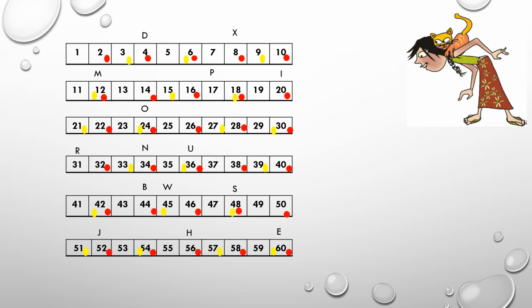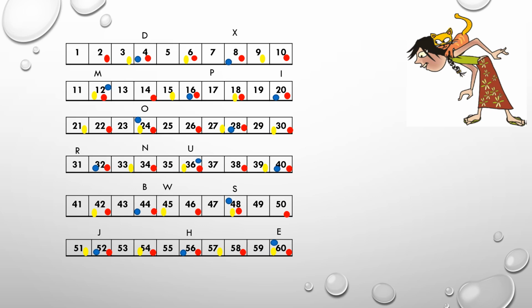Then I am going to mark a blue dot on the numbers which can be divided by 4. What I am finding out here is the multiples of 4. So 4, 8, 12, 16, 20, 24, 28 and so on.